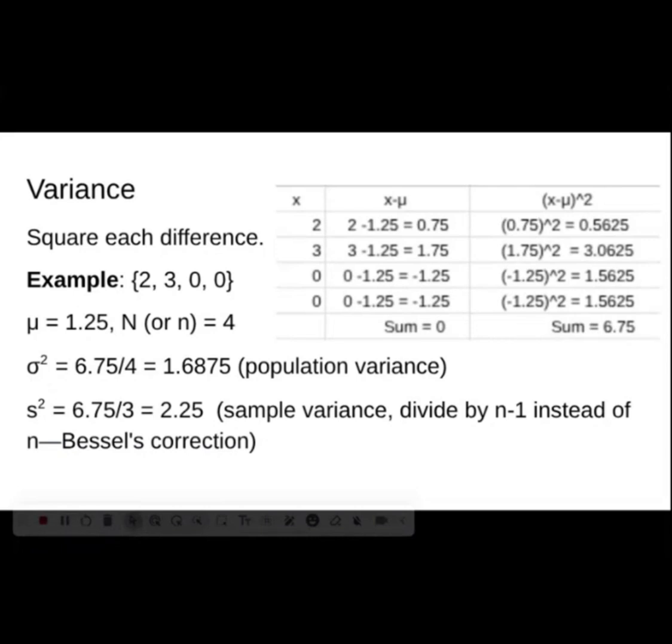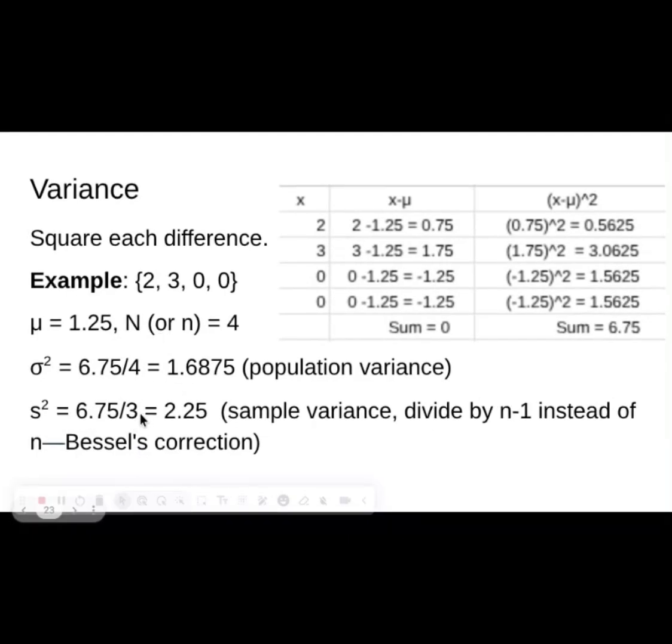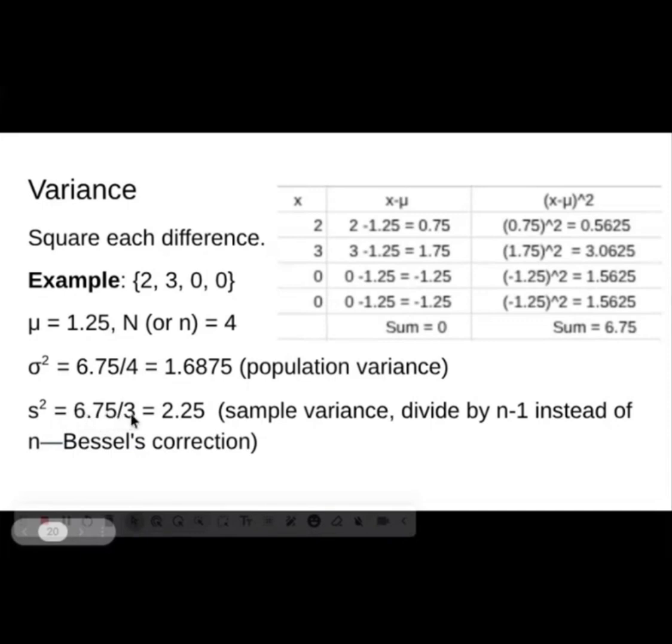If the data set is a sample, we have to divide by n minus 1 instead of by n. This is called Bessel's correction. So for a sample, if n is 4, we have to divide by 3, and the sample variance is 6.75 over 3, and it's equal to 2.25.